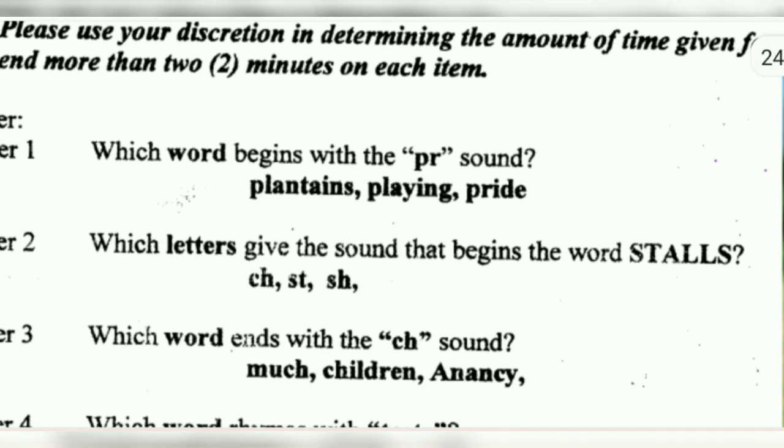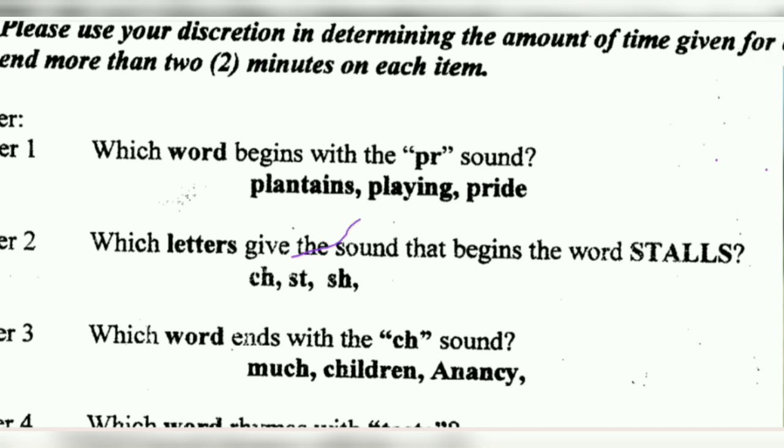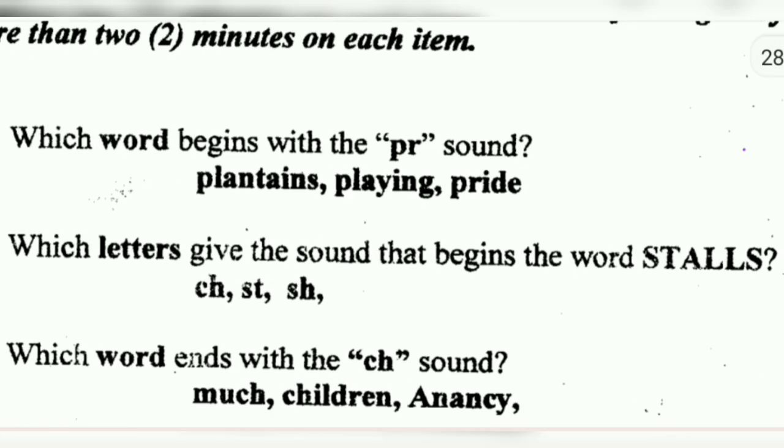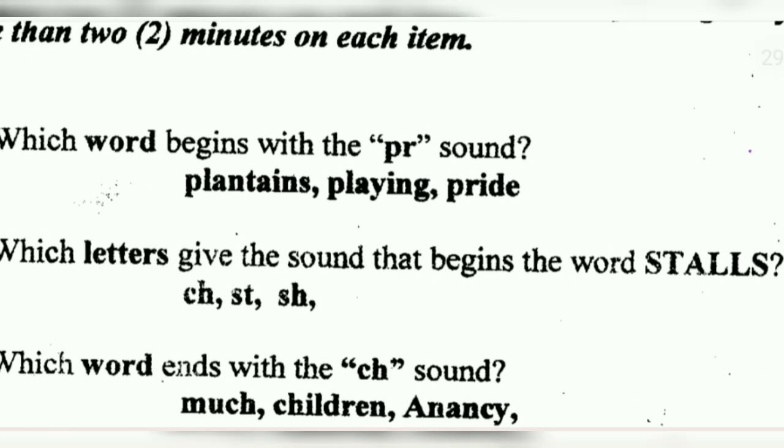But let's go. The teacher will say to you, number 1, which word begins with the PR sound? Do you know the sound that PR makes? Let me hear it. Good job. P plus R will say purr. Again, purr. So which of these words have that sound? The first one says it's plantains.